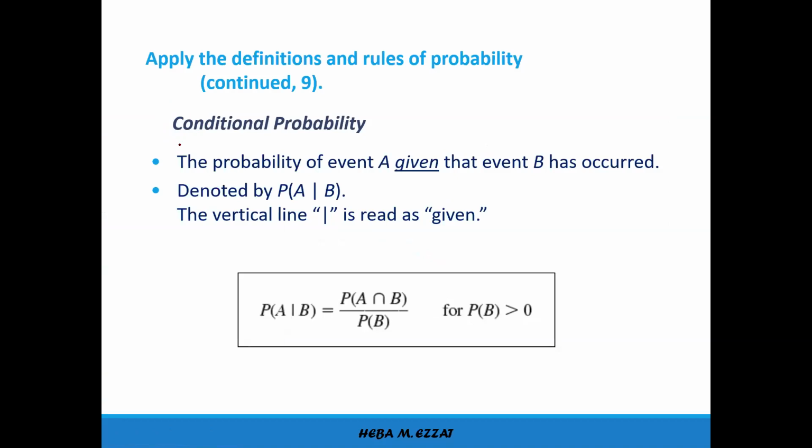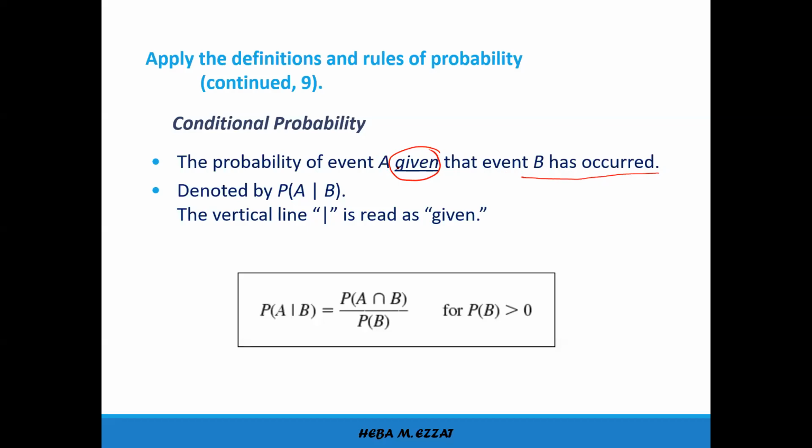So we have here what is called conditional probability, the probability of an event A given, it's very important to notice this word, okay, given that event B has occurred. It's already something that happened, as in our example, one specific card was drawn.